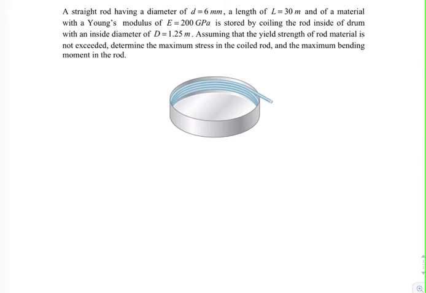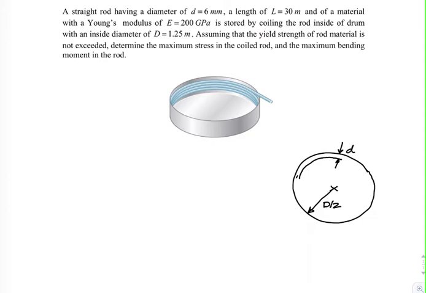So the picture that we need here, and I'll try to draw the best circle that I can, this represents the drum. So the center of the drum is there, its radius is D over 2. On the inside of this is the rod, and I won't show it all the way around, but that would have a thickness in there of d.